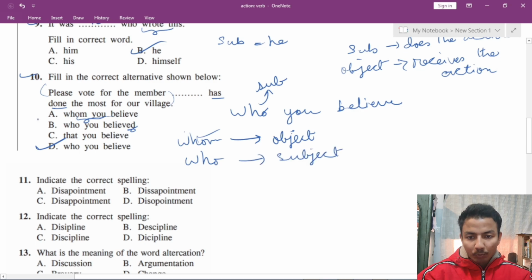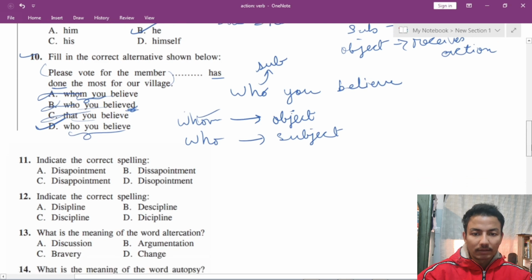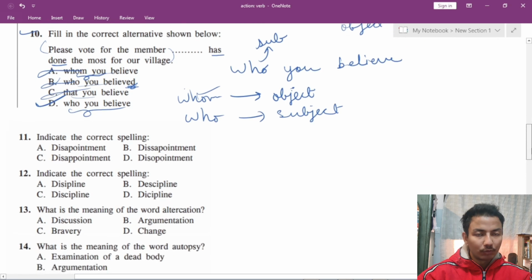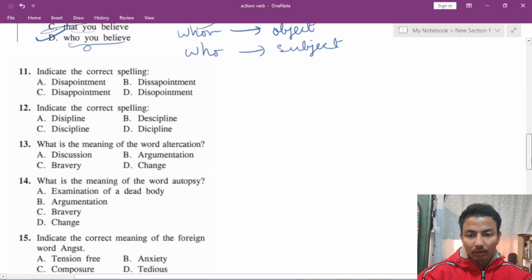That is why "whom you believe" will not be correct. "Who you believed" will not be, because as I've told you, the entire sentence is in present tense. Next, "that you believe" is not grammatically correct. So the correct option here will be "who you believe" has done most for our village. I hope you got what I was trying to tell you. Okay, let us move on.